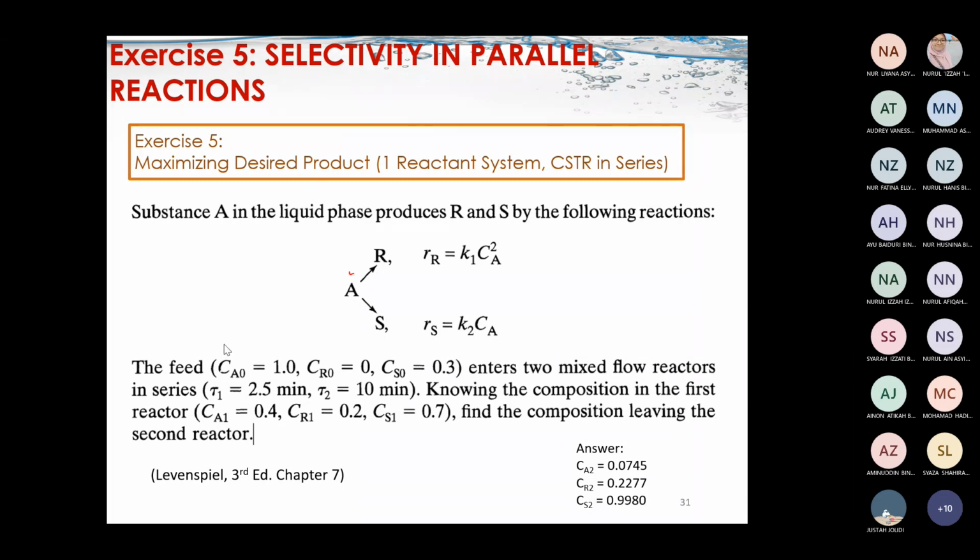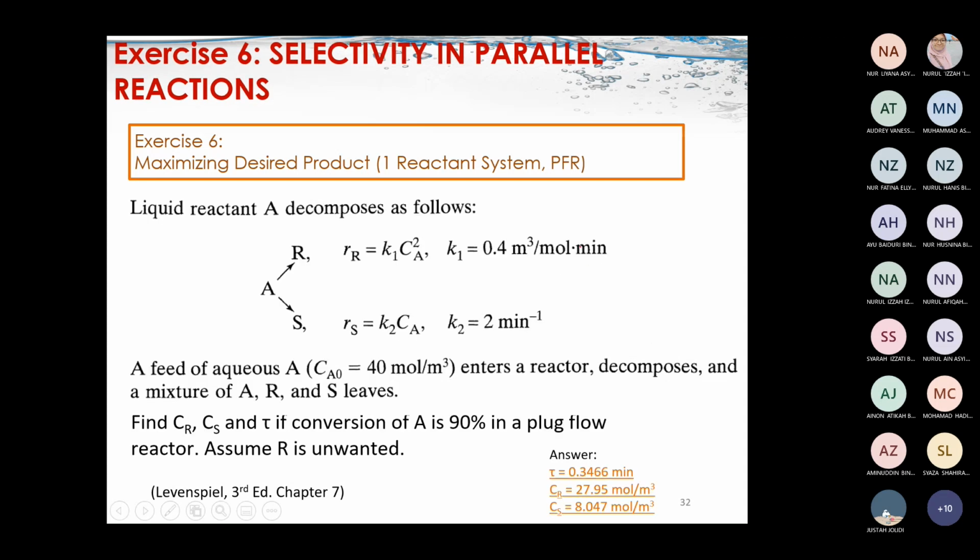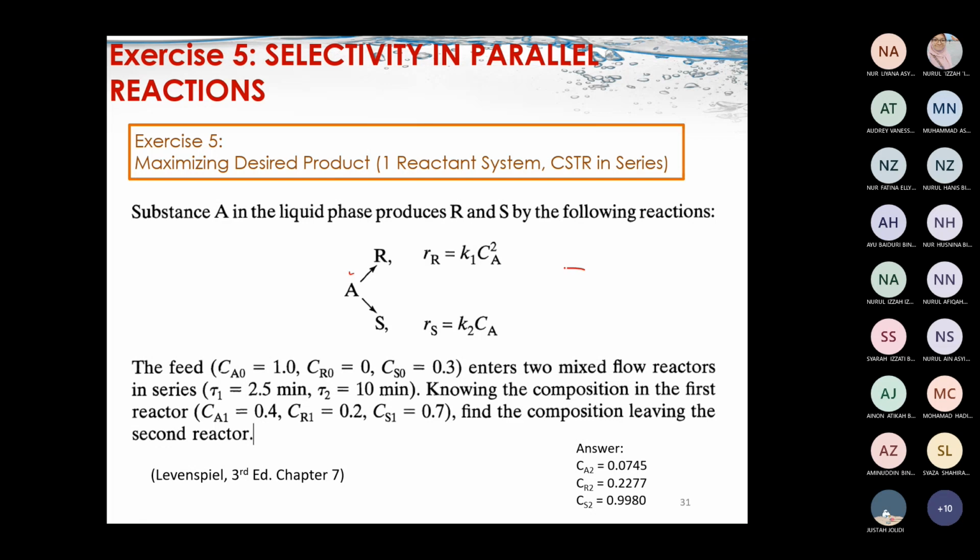The feed values for each of the components are given in these questions. They enter two mixed flow reactors, which means there are two mixed flow reactors, or we call them CSTRs, connected to each other in series.